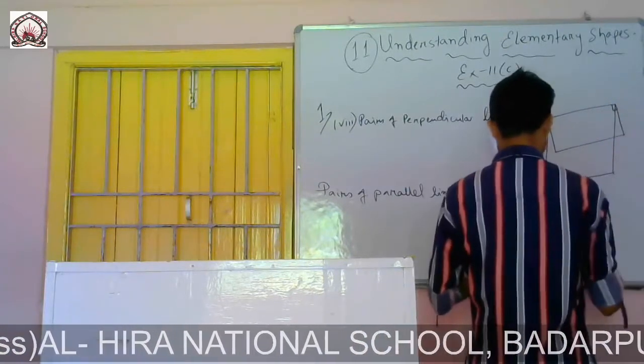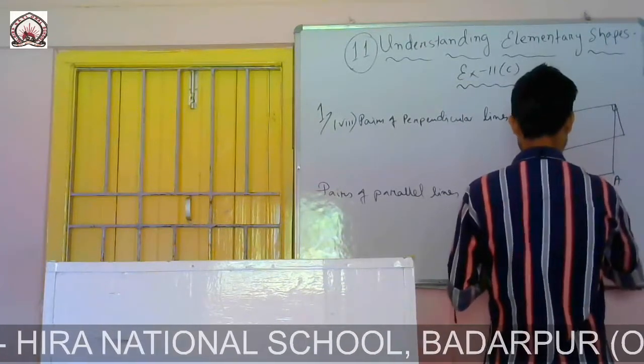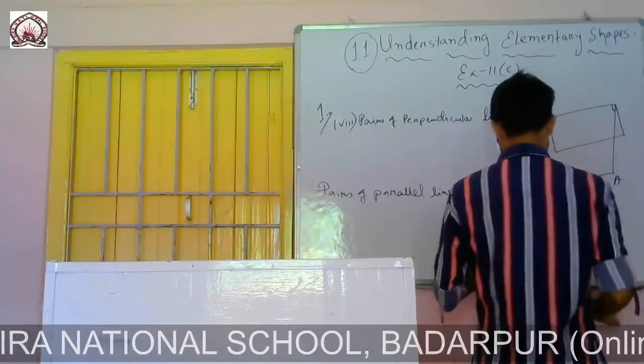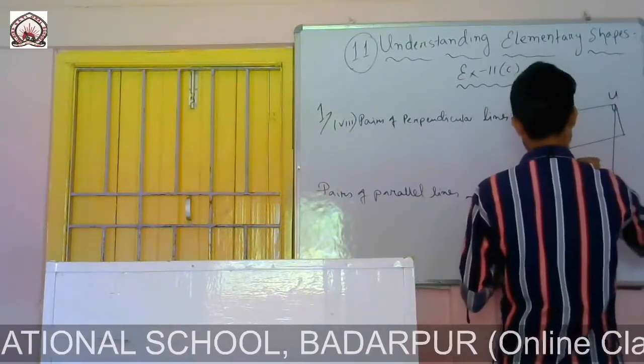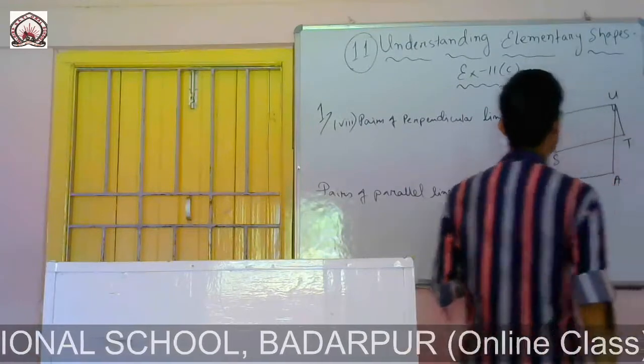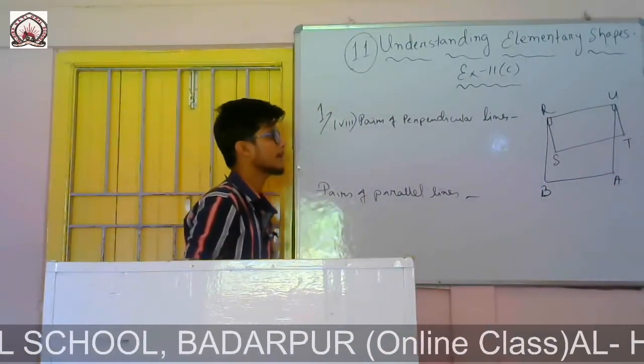Okay, so the figure is like this: A, B, then RU, ST. So it is given like this. From this you have to find the perpendicular lines.